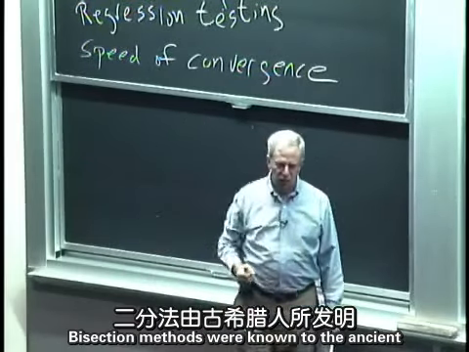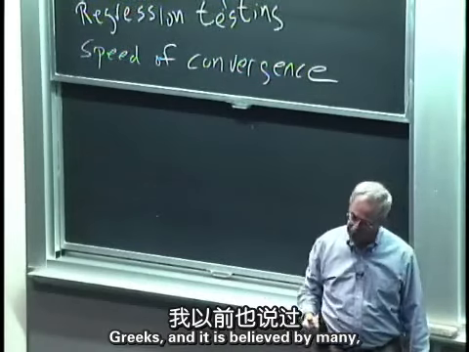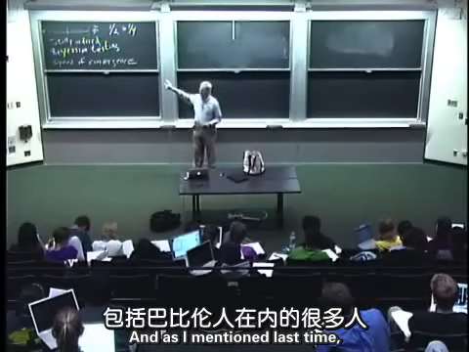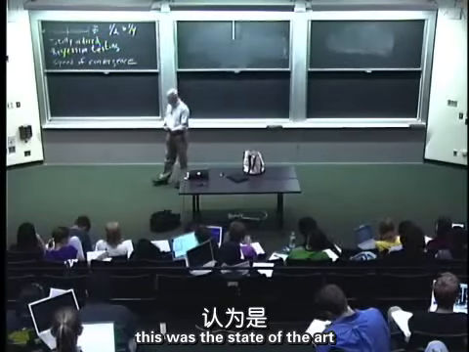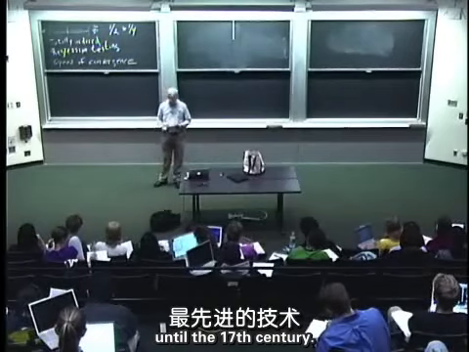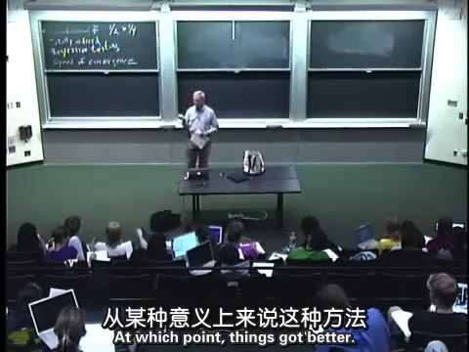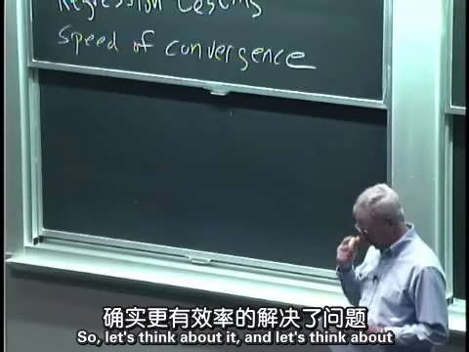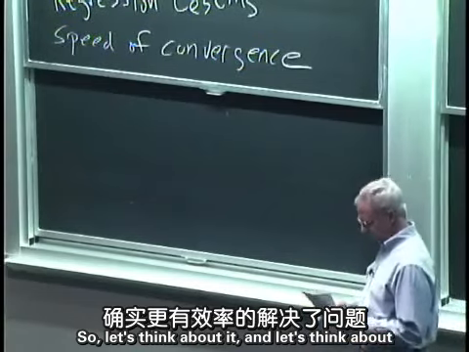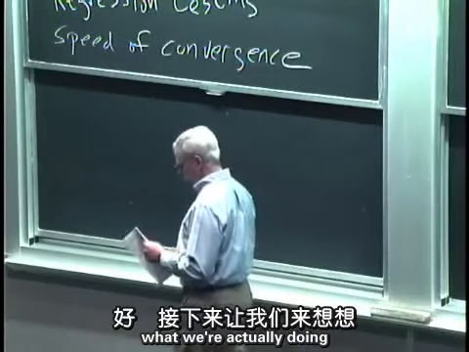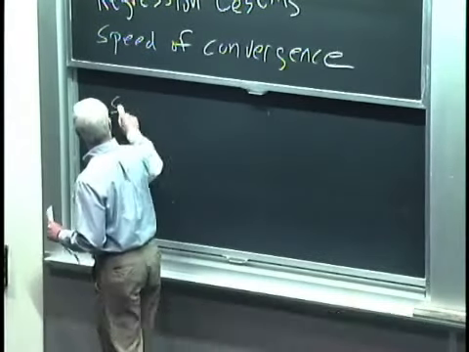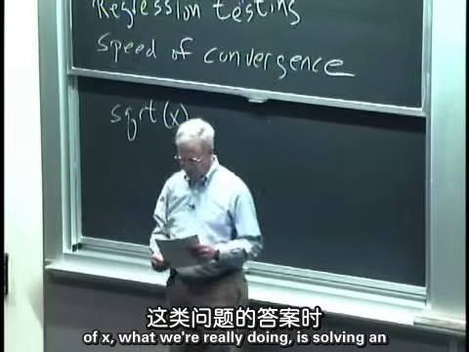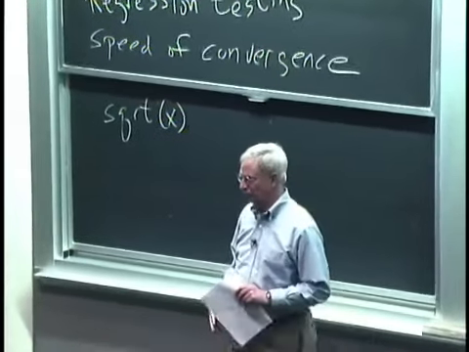Bisection methods were known to the ancient Greeks, and it is believed by many even to the Babylonians. And as I mentioned last time, this was the state of the art until the 17th century, at which point things got better. So let's think about what we're actually doing when we solve this. When we look for something like the square root of x, what we're really doing is solving an equation.